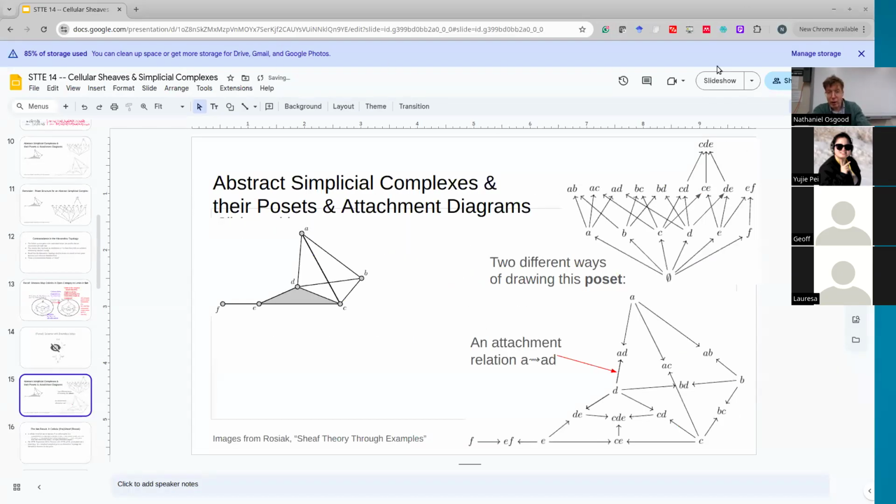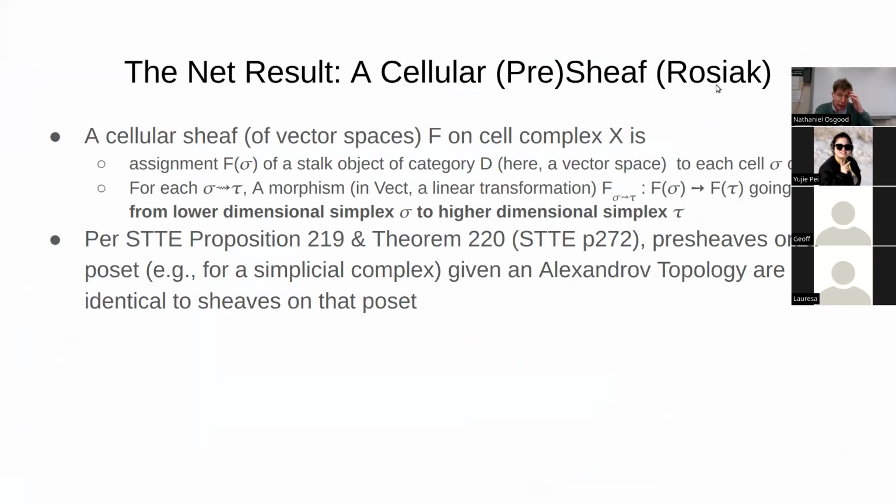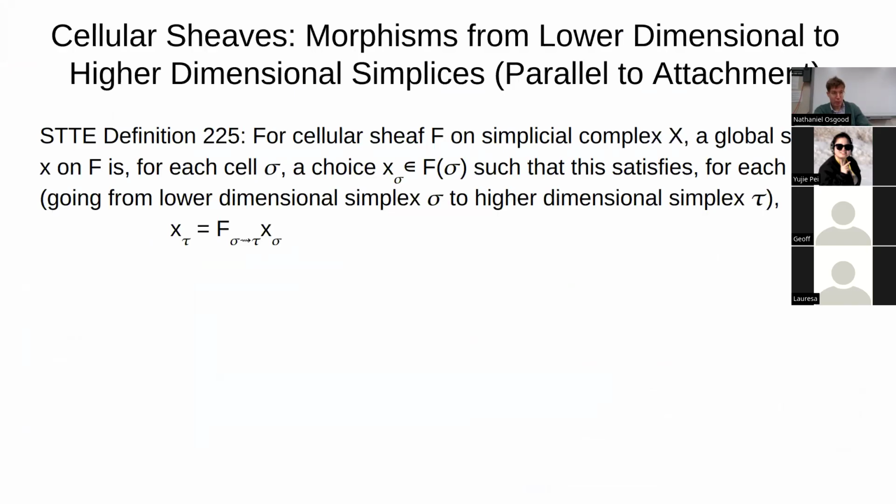So there's actually a direct functor here from this to this. We're not dealing with the stars explicitly. We're not having to build up this topology. We're actually having a mapping from a cell complex, where each cell is the point of analysis here. And we can look at essentially attachments here.